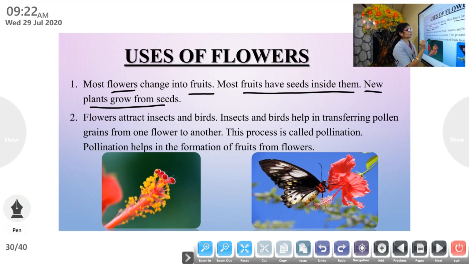Some flowers have most attractive colors. Flowers attract insects and birds.